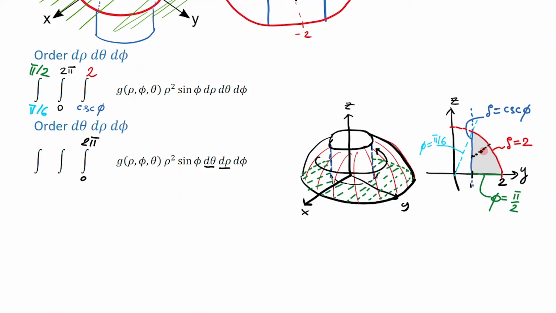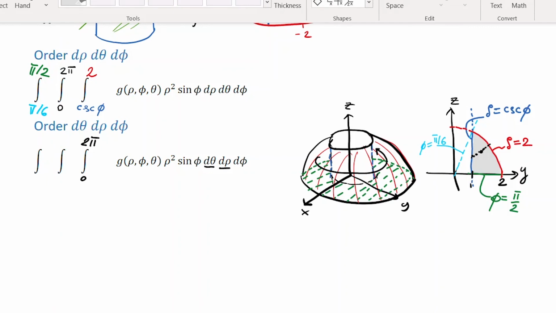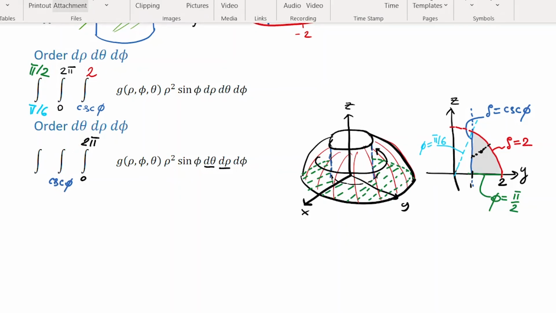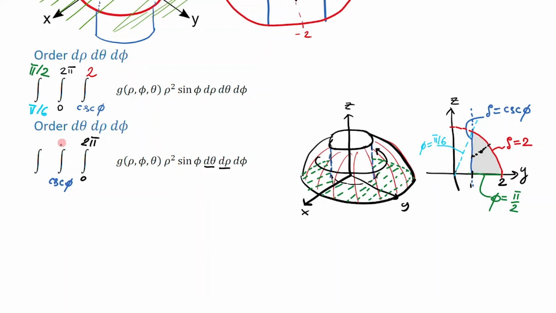So these bounds go between the blue line, cosecant phi, to rho equals 2.